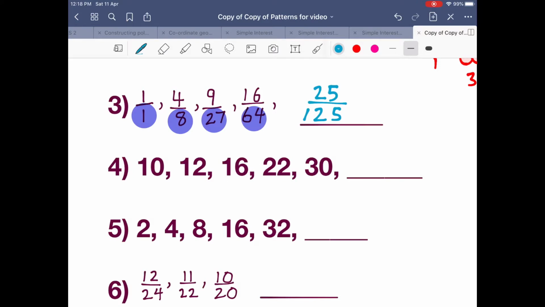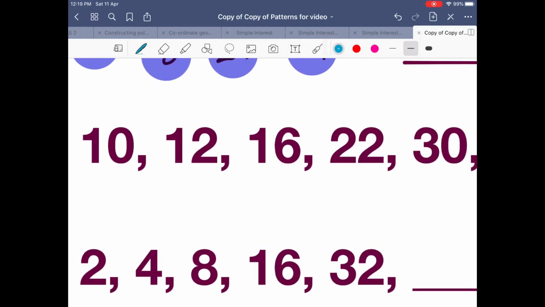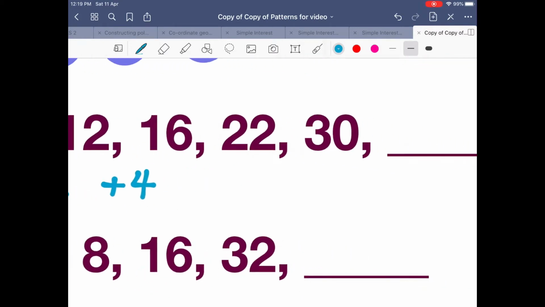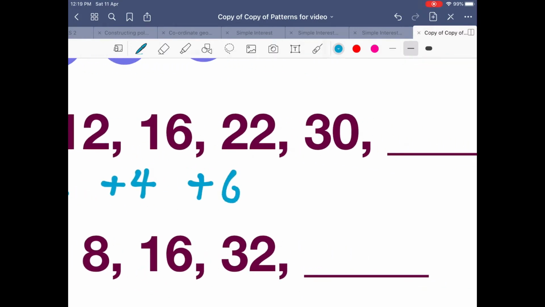So here we have 10, then we go to 12, then to 16, 22, then 30. So this is the pattern that I am seeing. In order to go from 10 to 12, we must add 2. 12 to 16, we add 4. 16 to 22, we add 6.